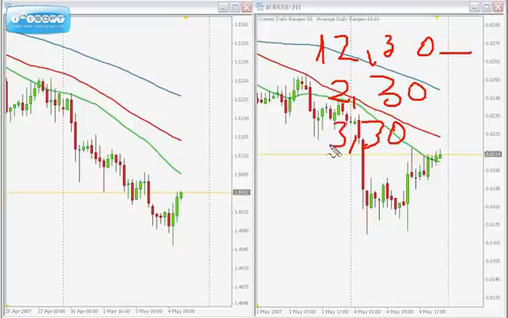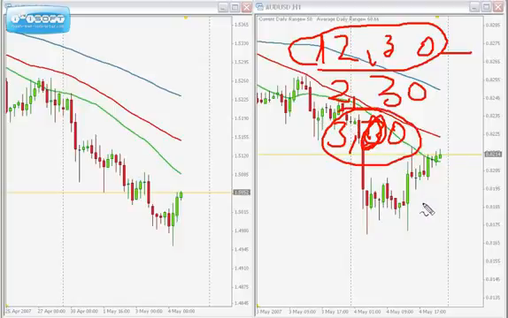So from 12:30 to 3 p.m. we don't want to be in this currency pair, in any open position, unless our stop is moved to break even prior to the news.